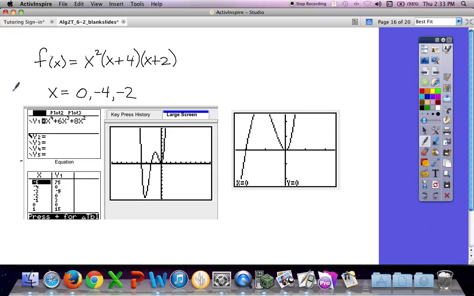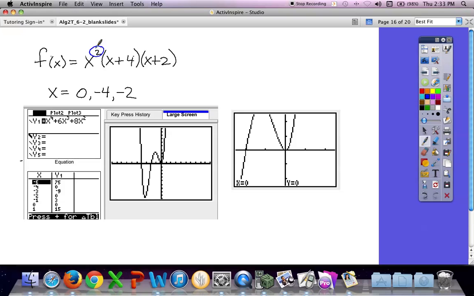What do you think is the reason for that? Seeing where those zeros came from, what was different about the factor? It's squared, right? So what happens when you square something? If you square a negative, you get a positive. If you square a positive, you get a positive.